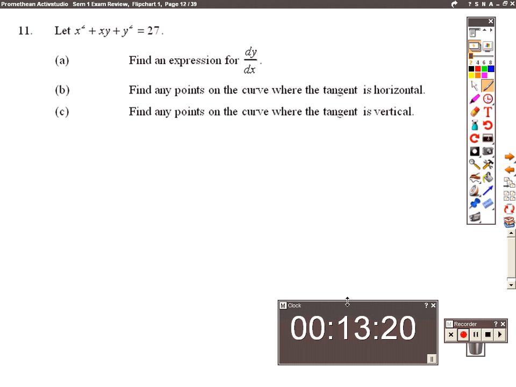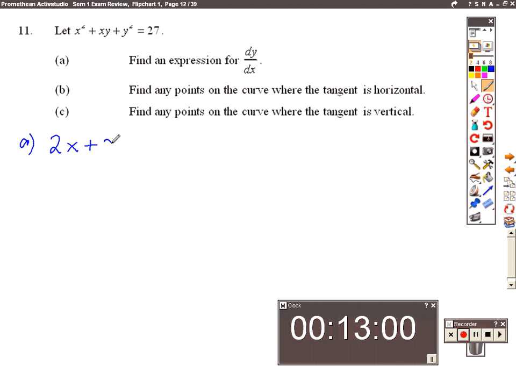So the first thing they ask us to do is to find dy/dx. So in letter A, we're going to take the derivative of the first term. The derivative of x squared is 2x, technically dx/dx, which is 1, plus the second term. Again, notice that it is the product rule, x times y.